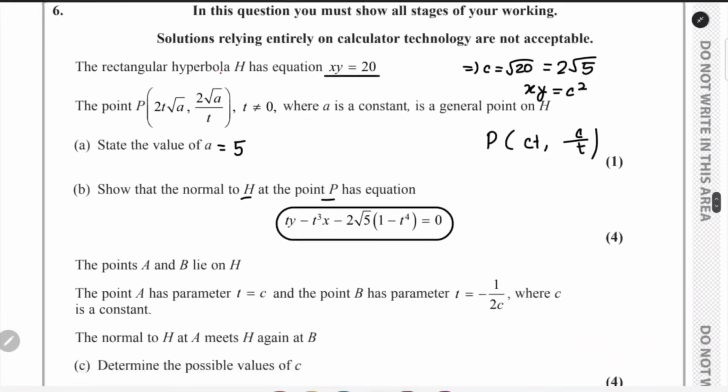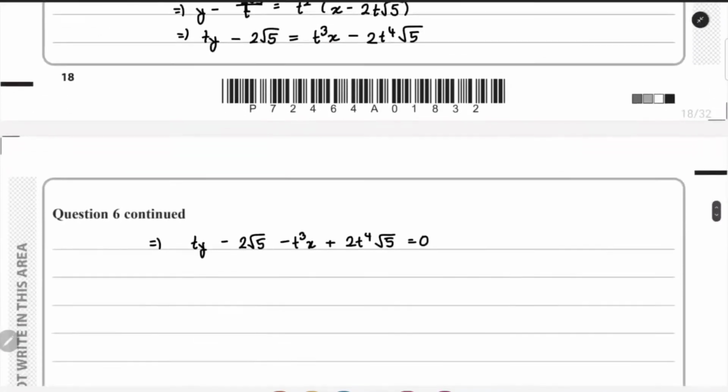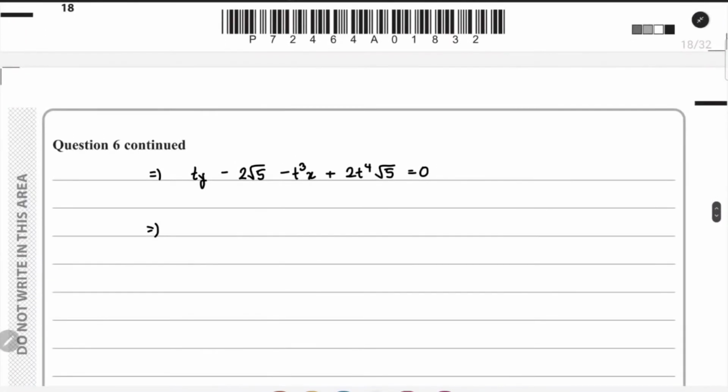So I can take 2 root 5 common between these two.